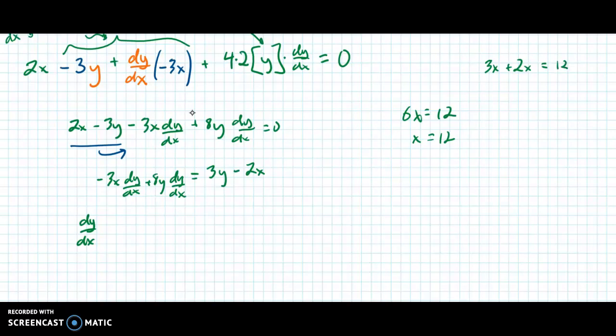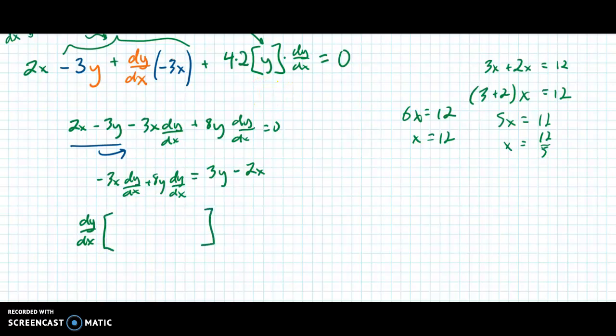I could write it as 3 plus 2 times x equals 12, which would be 5x equals 12, which gives me x equals 12 over 5. The key here is this factoring part right here. Let me just show you how to do it. I think it'll make sense to you.